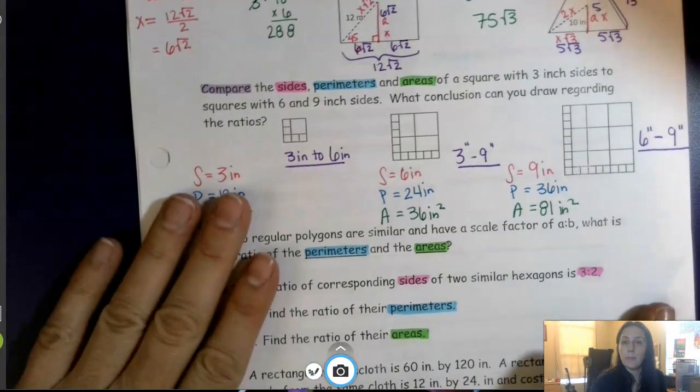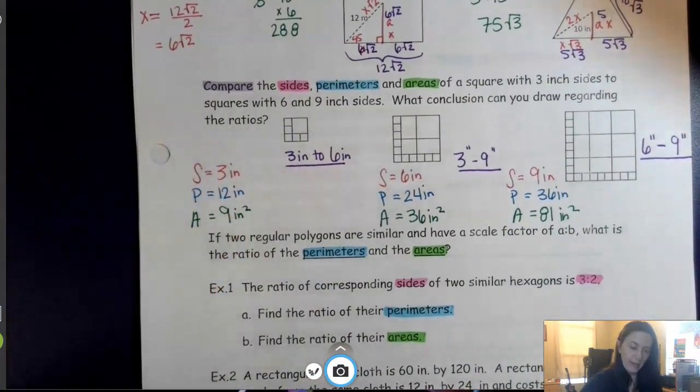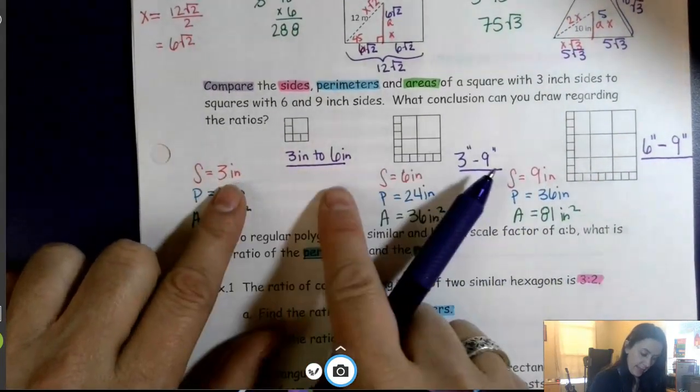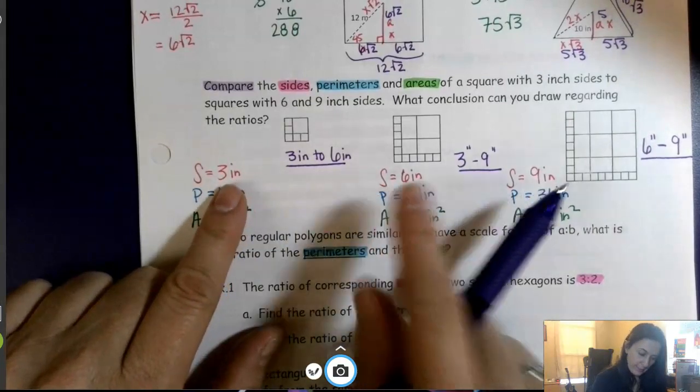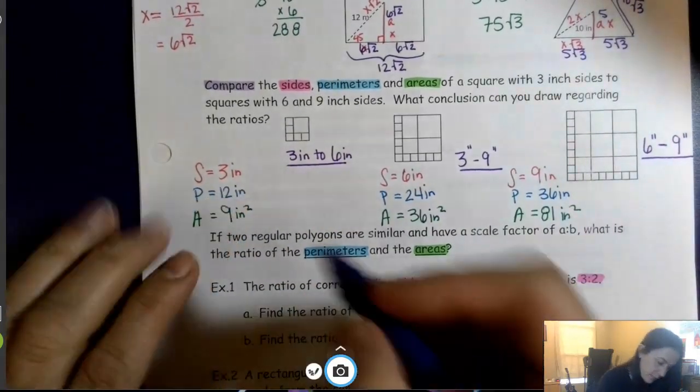Okay, so now I want to compare. I want to see what happened, and I want to write it in a reduced ratio.